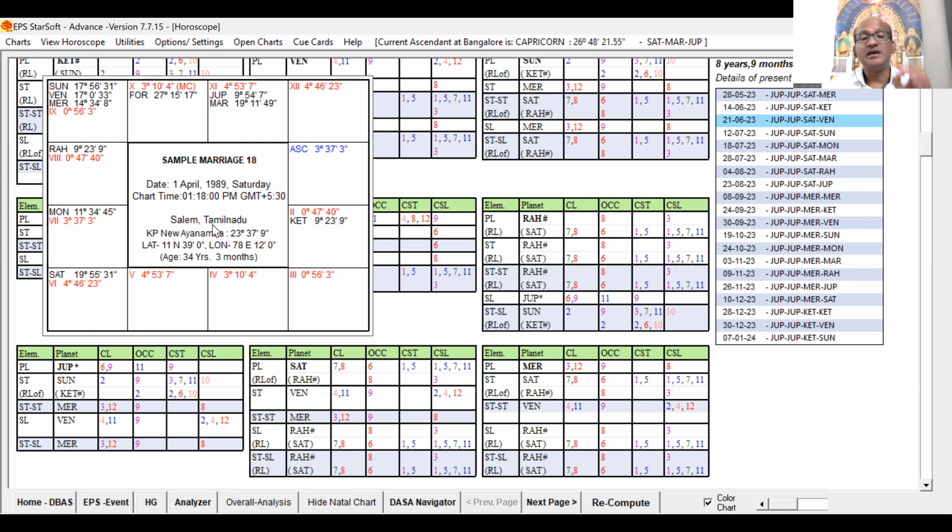So please understand, there is a method of analysis in EPS, how to study a chart, starting with the Lagna strain, moon strain, then we go to the destiny, then we go to the Dasa periods, how they signify, what Dasa signifies, then what Buddhi is supporting the Dasa or not, what Antara is supporting the Buddhi and Dasa. That way we have to study one by one. That is the way to start learning in a logical way.